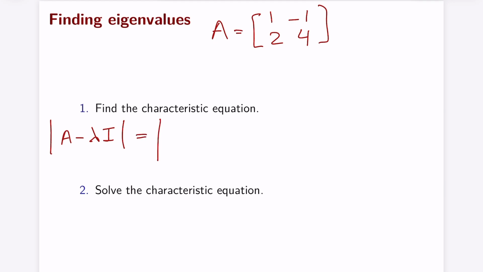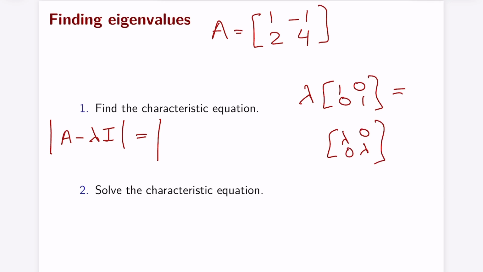So essentially, to subtract lambda multiplied by the identity, imagine the identity in 2 dimensions is like this, right? But it's the same in any dimension. When we multiply the identity by lambda, because there are ones only in the diagonal, we just put lambdas in the diagonal, and everywhere else is 0.